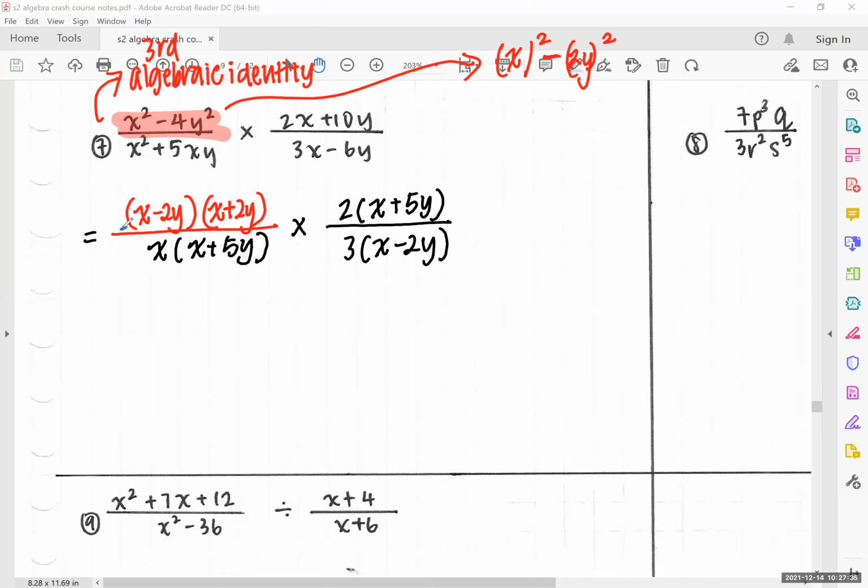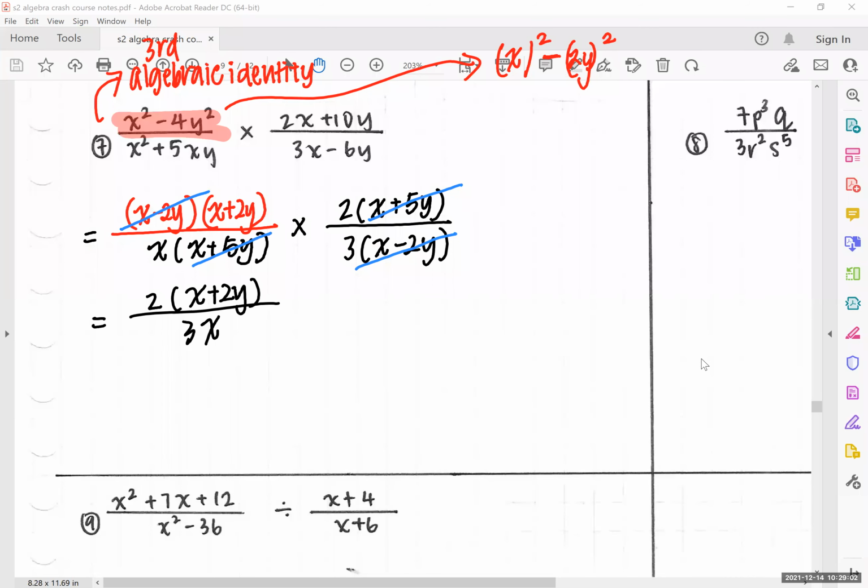One top with one bottom, one top with one bottom, right? And at the end of the day, all I'm left with is 2x plus 2y over 3x. We don't write the multiplication sign. That's the answer for question number 7. Leave it like that because it's in factorized form.